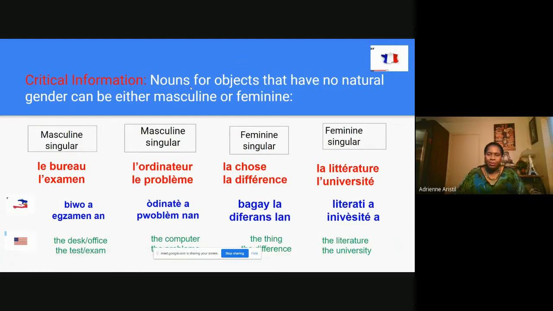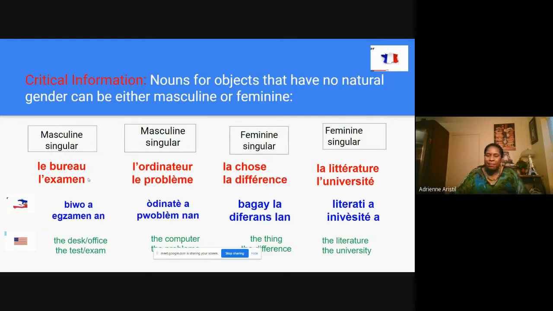Other critical information. Nouns for objects that have no natural gender can be either masculine or feminine. For example, le bureau, a desk, it has to be masculine. It's born masculine, I will say that.